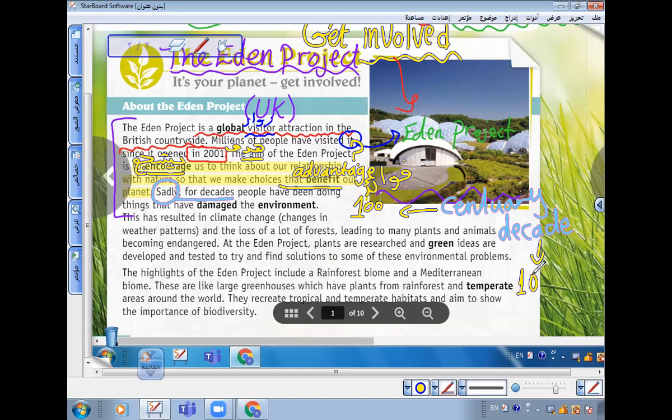For decades, what have people done? People have been doing things that have damaged the environment. Sadly, people started to do something which is what? Damage the environment. What does the word damage mean? We took it in the previous unit, it means destroy. Excellent. So damage has the same meaning as destroy.